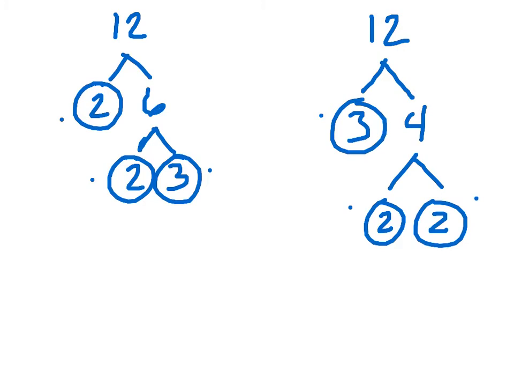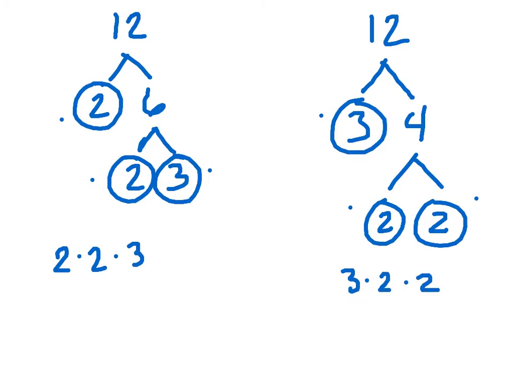Think about this. How can we write this out as an equation, as prime factorization? I'm going to show you. We could do 2 times 2 times 3. Same thing over on this other one here. We got 3 times 2 times 2.